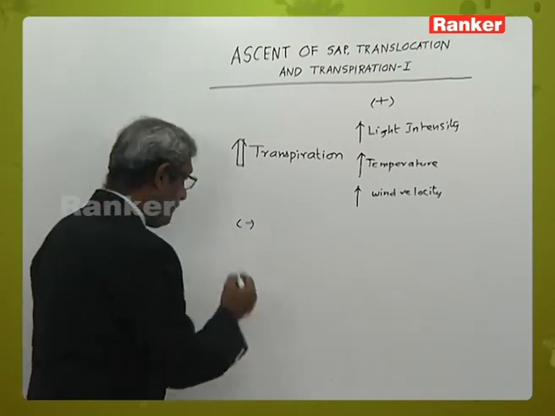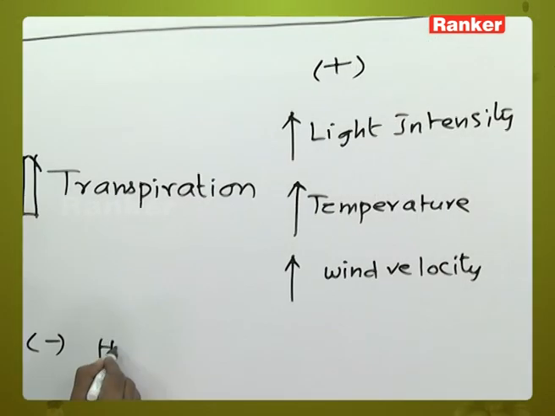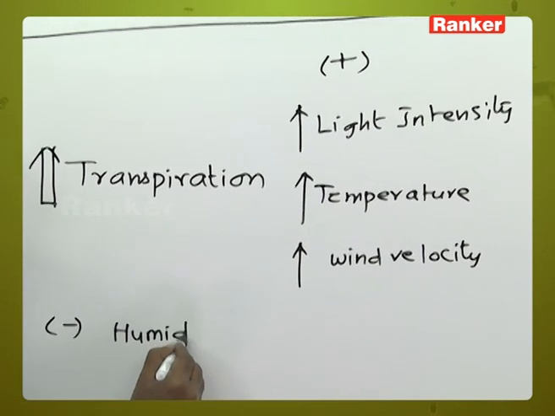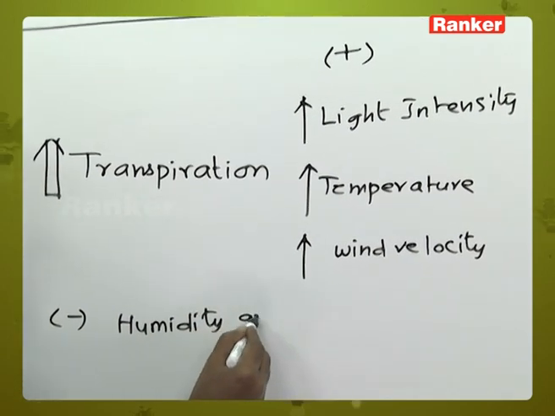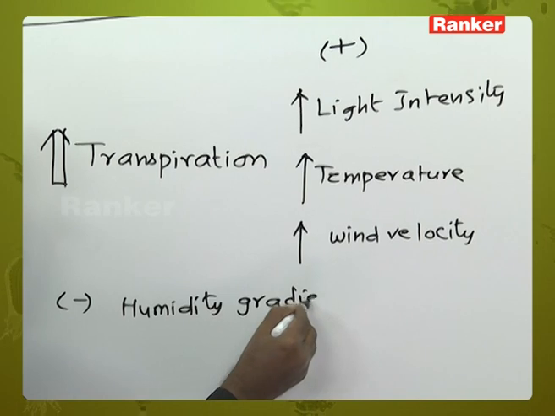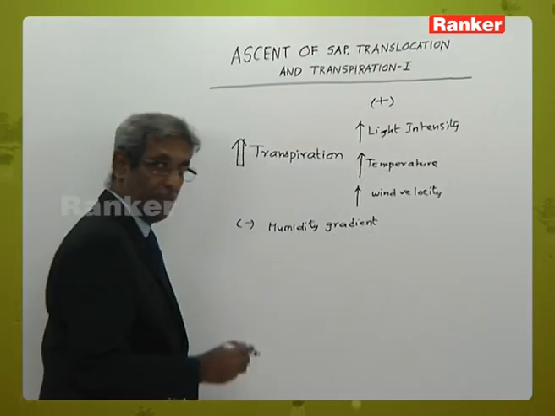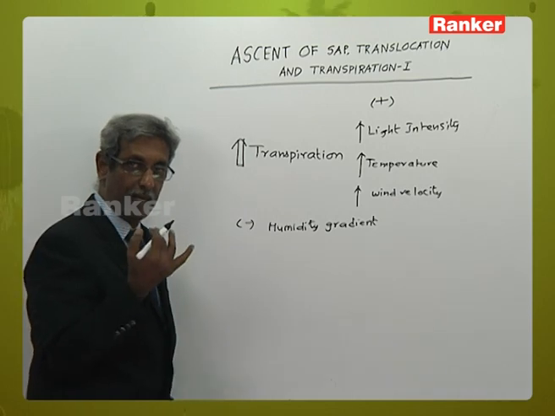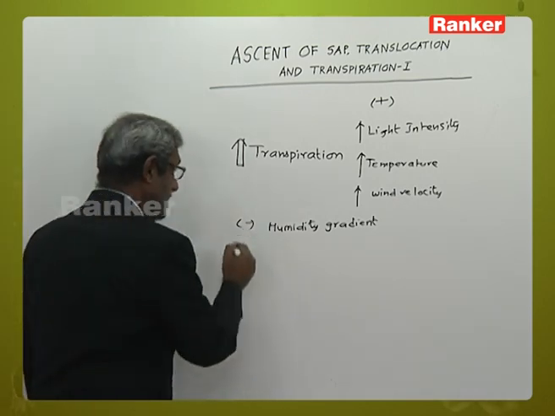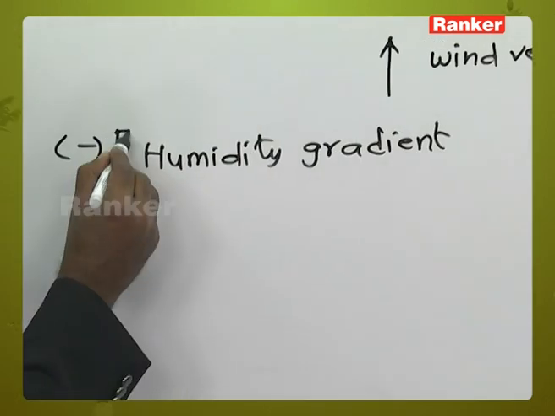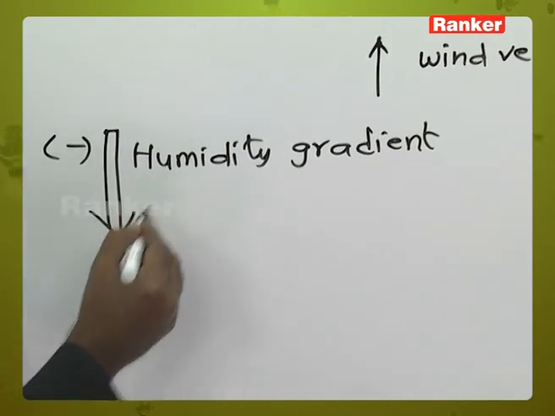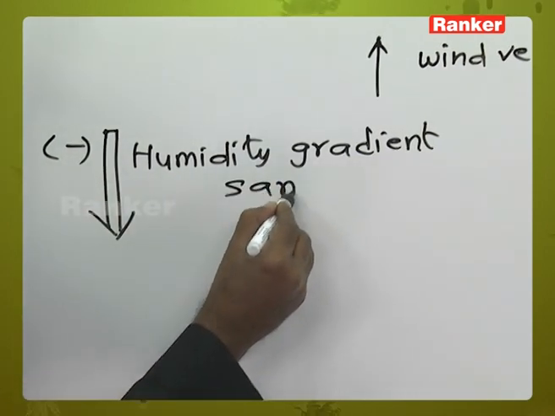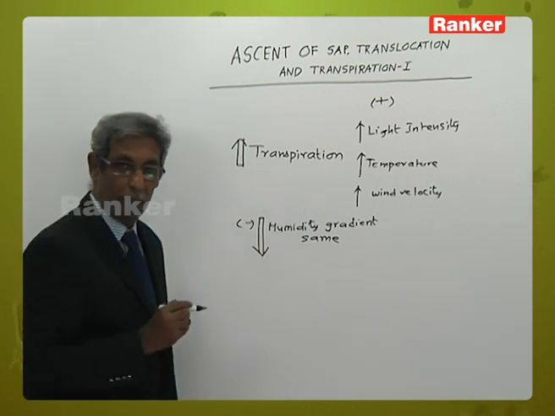While if the humidity is the same inside the cell as well as outside, if it is just normal, then transpiration drops. The humidity gradient is the same, which means transpiration will drop.